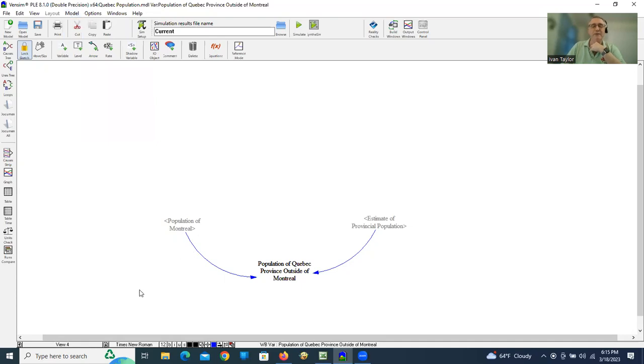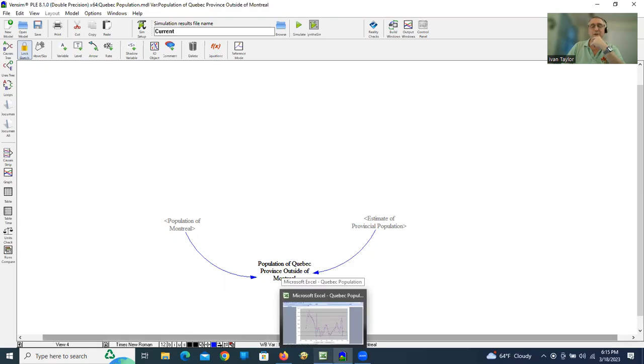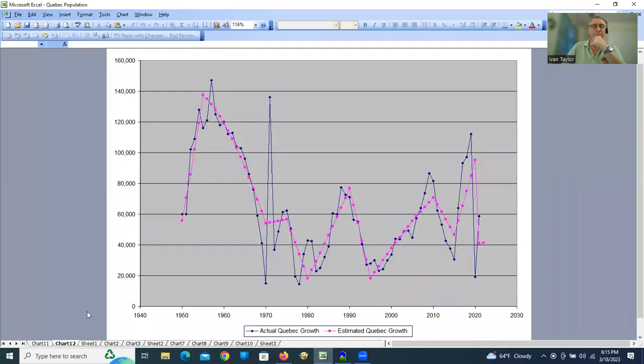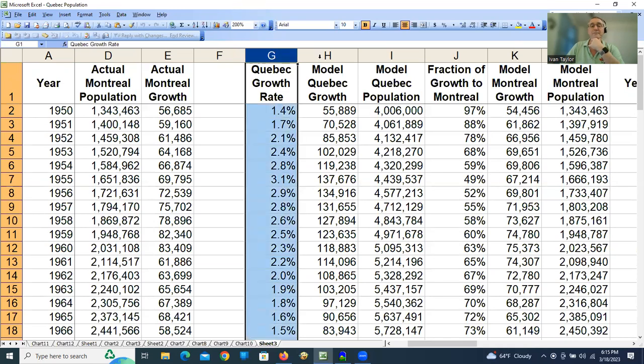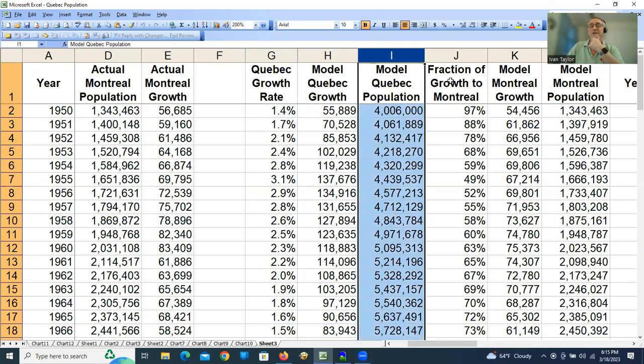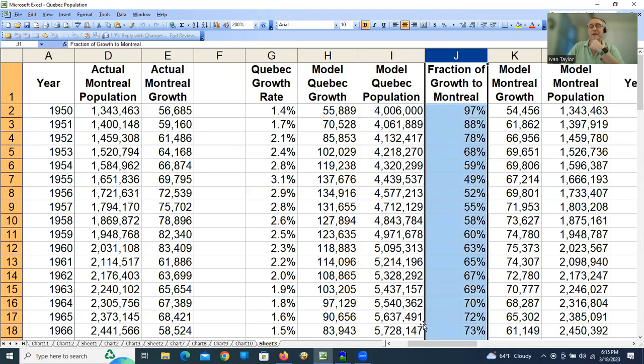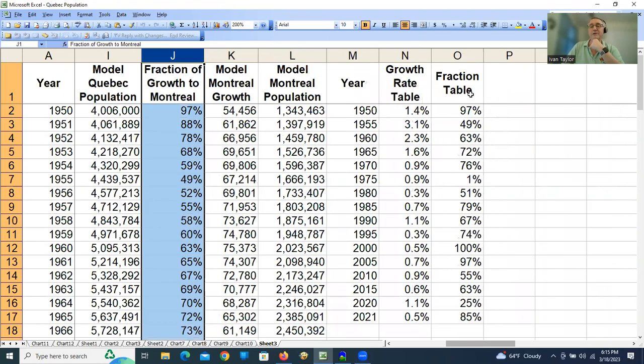So I built another model of the population of Quebec and Montreal, and this time I used a different methodology. I used the growth of Montreal and the growth of the Quebec province in these cells. And then I said the fraction of the growth of the province that went to Montreal. And that is shown in this graph, and I have a lookup table for this value as well.